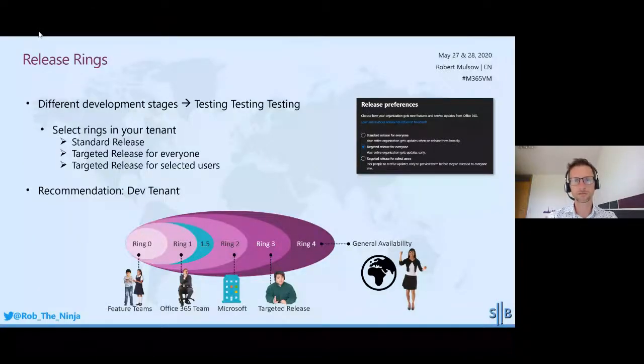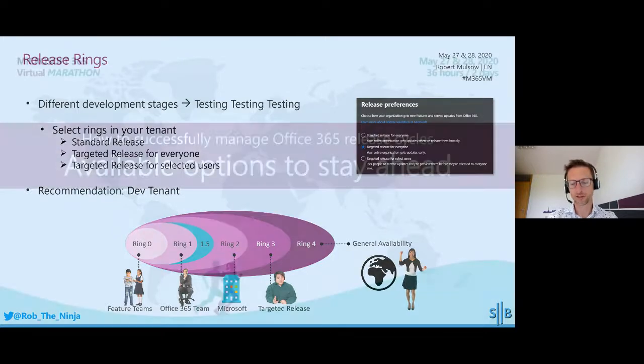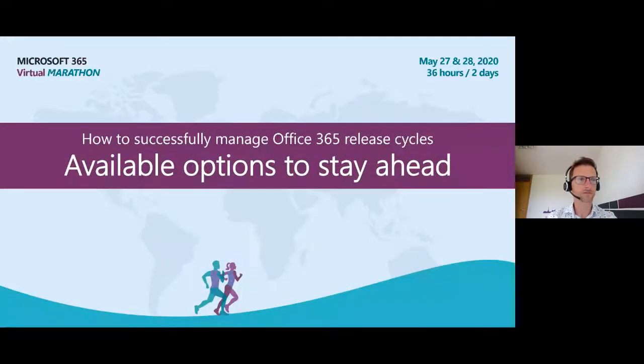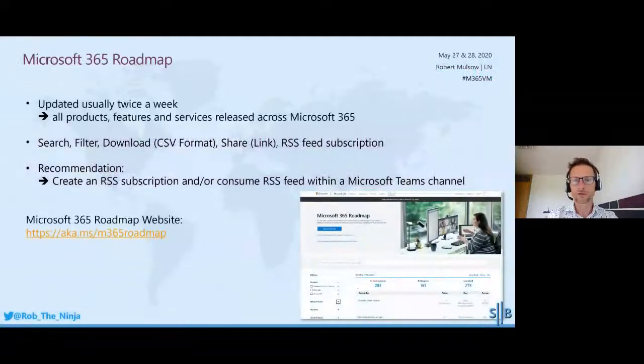And now let's go into the different options I collected for you. So first of all, we will talk about the Microsoft 365 roadmap, because this can be considered as the truth, because this is very official.